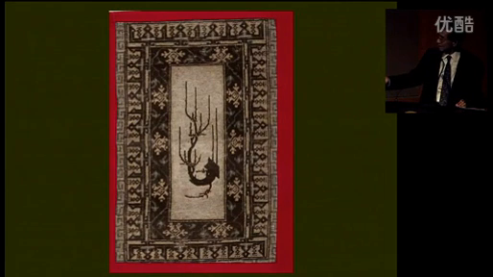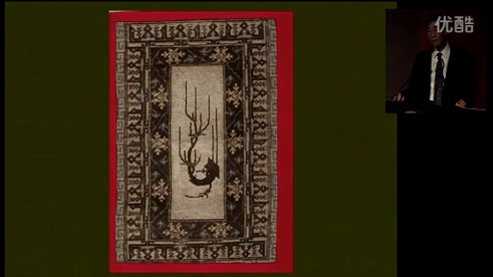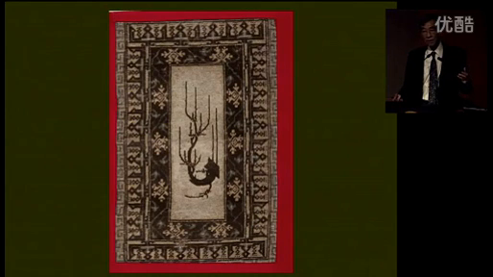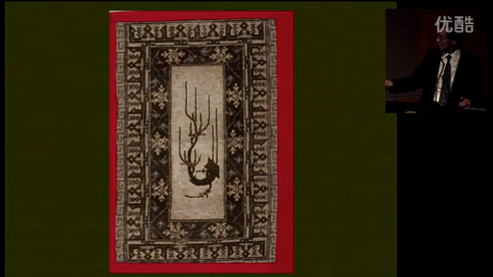But the interesting thing is it is surrounded by a pseudo-Kufic border, which is from Islamic art. So you have something which is so typically Southern Chinese, particularly associated with the literati, and then you have something which is clearly Islamic.